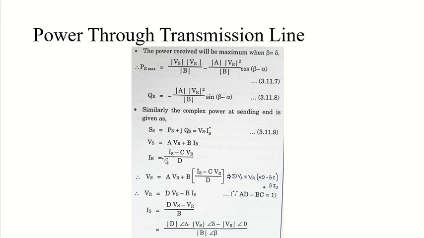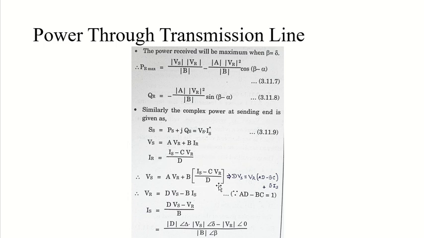Now we will substitute the value of IR in the first formula. So we will have Vs equals A into VR plus B into the value of IR, which is Is minus C into VR divided by D. So we will substitute it here.